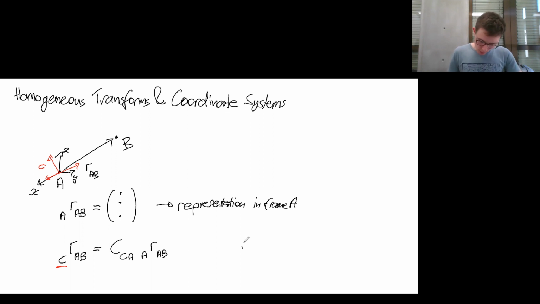The way to find this rotation matrix, capital C, depends on how your coordinate system is actually rotated. Here we have a rotation around the x-axis.